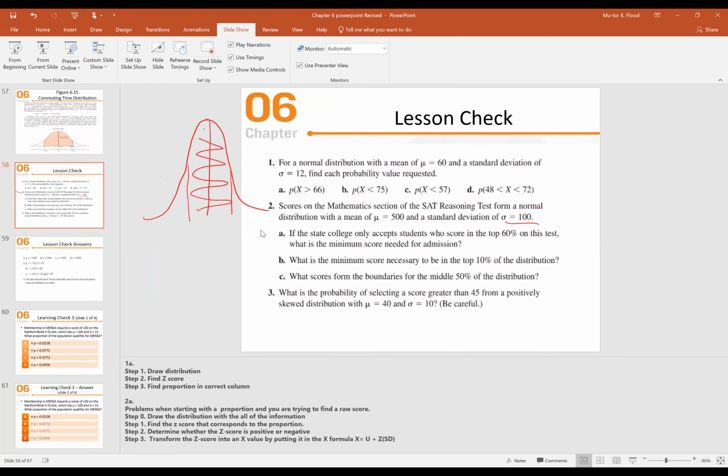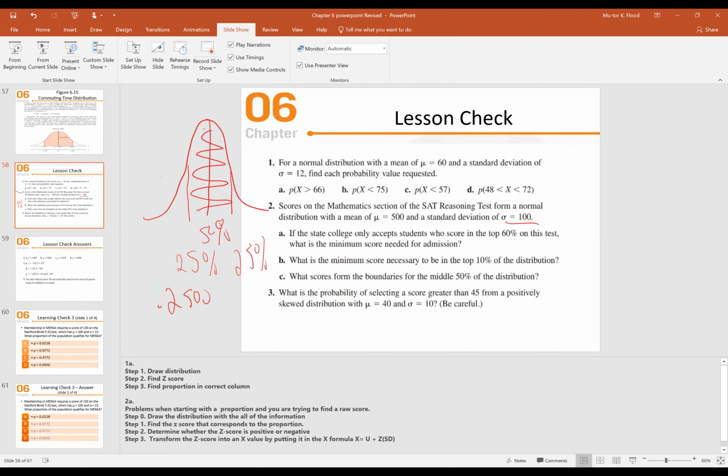When you're dealing with the middle, you're going to be using column D, and you have to break the middle into two separate and equal parts. So there's 25% above the mean and 25% below the mean. You go to column D and find the proportion that is closest to 0.2500.